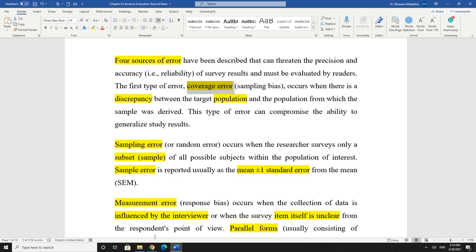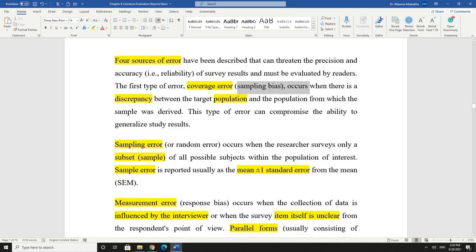So what I mean is that you are going to places from which you want to take a sample, but they do not represent where the target population is. They call it coverage error, and the other name for it is sampling bias.